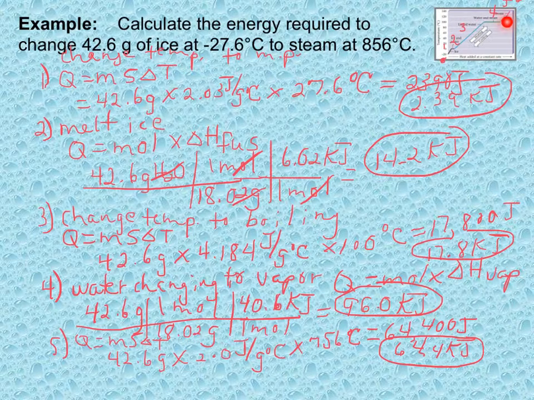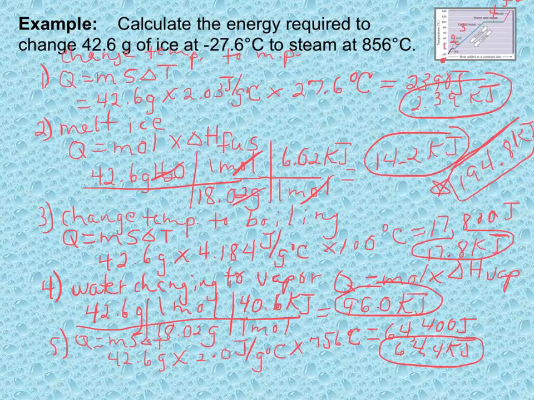And then we want to heat that vapor up to 856 degrees. So all 5 of these subtotals are going to be added together for the final answer of this problem, which is a total sum of 194.8 kilojoules. Grand total here, our final answer. 194.8 kilojoules.